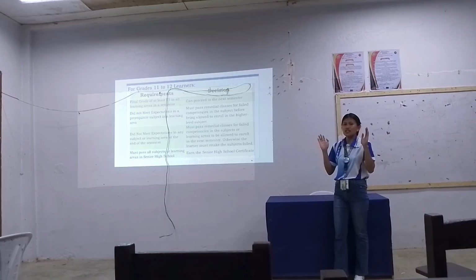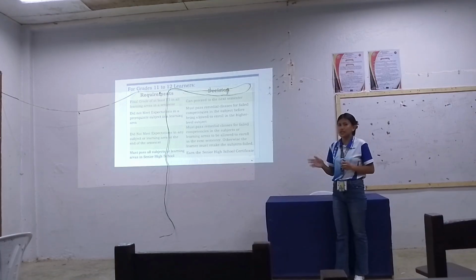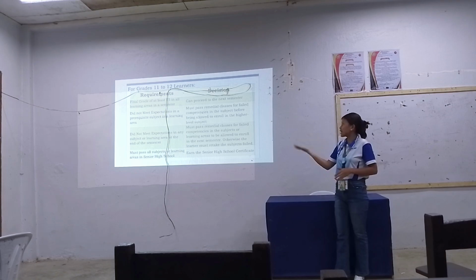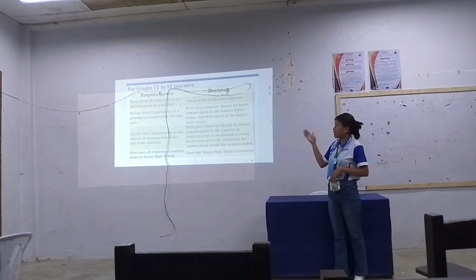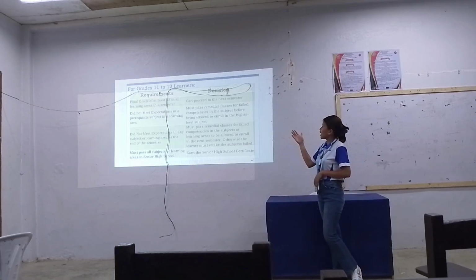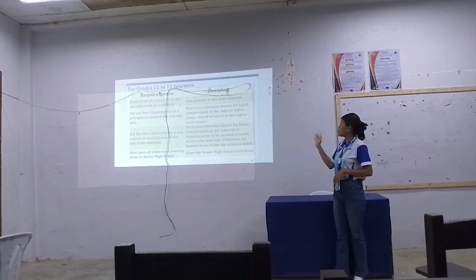If he or she passed the first semester, he or she can automatically proceed to the second semester. However, if he or she did not meet expectations in a prerequisite subject in a learning area, he or she must pass remedial classes for failed competencies in the subject before being allowed to enroll in the higher level subject.